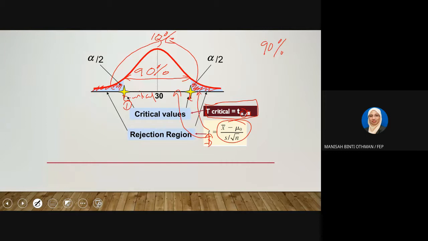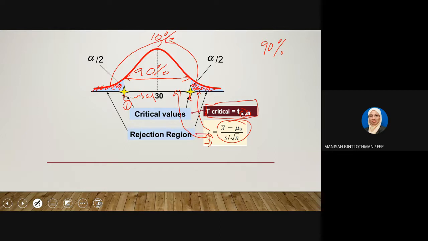Both together are 10% because in total the whole area is 0.99999, nearly 1.0. Why is it not exactly 1? Because the curve here cannot touch the horizontal line. So normally you get 0.9999999, nearly 1, or nearly 100%.